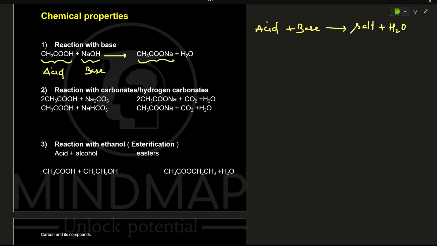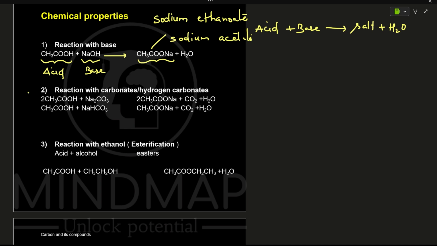Salt मिल रहा है. So what is the name of this salt? This is sodium ethanoate. Ethanoate. And it is also known as sodium acetate. So this is what we get when ethanoic acid reacts with the base, sodium hydroxide.